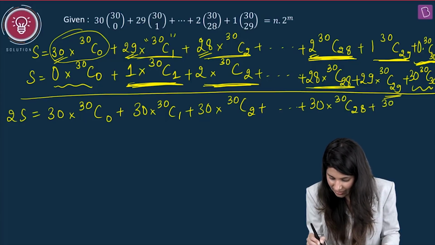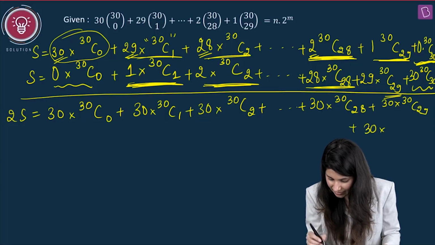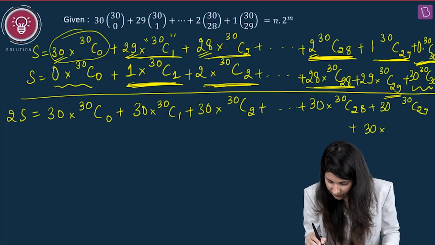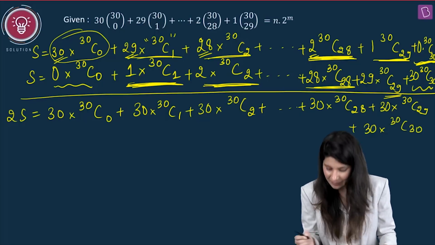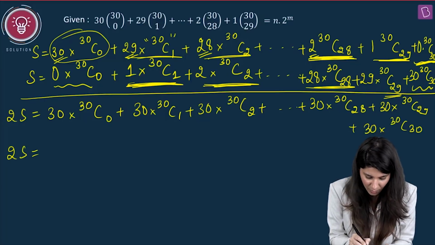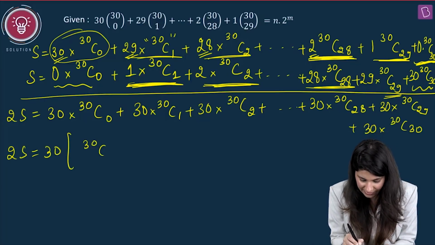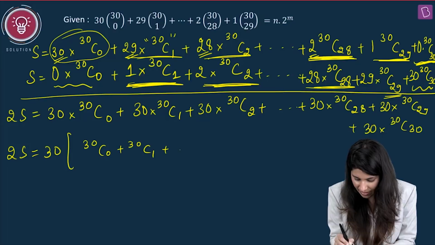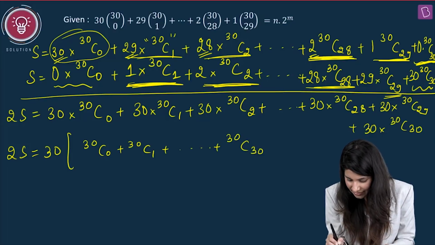Then we have 30 multiply 30C29. Then we have 30 multiply 30C30. Whole complete series, we can take out 30 common, and we have 30C0 plus 30C1 and all the way up to 30C30.